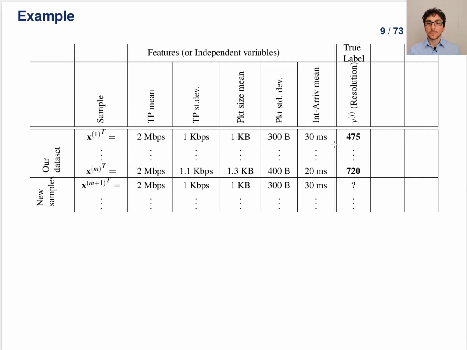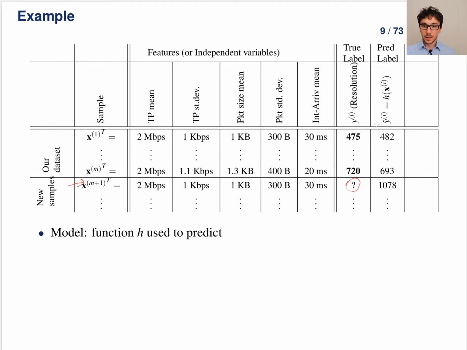Suppose you have in some way collected your data set with your labeled samples. What is really interesting is to, given a new sample that you've never seen before and for which you don't know the label, guess this label, infer it. The way we do it in machine learning is that first we construct a model based on the observations we know.